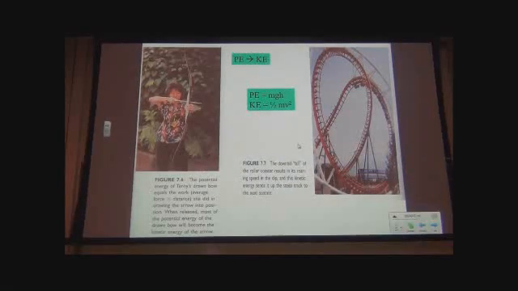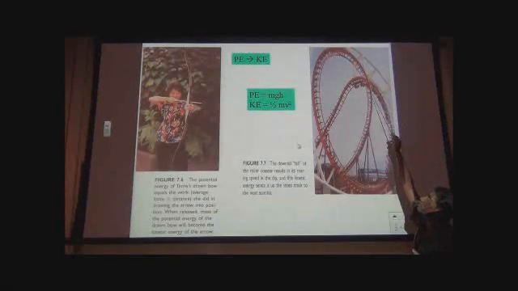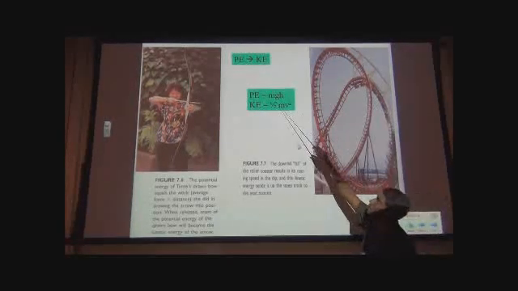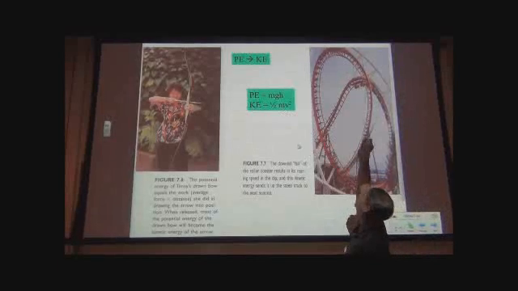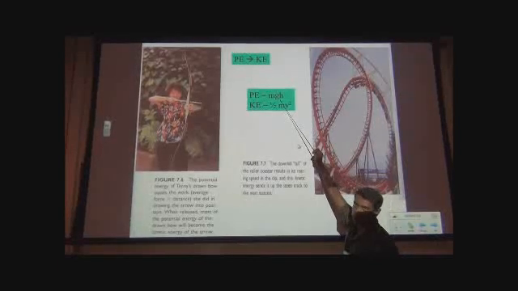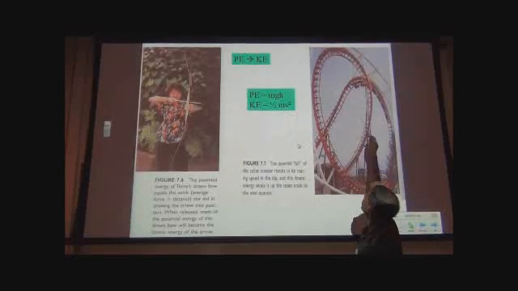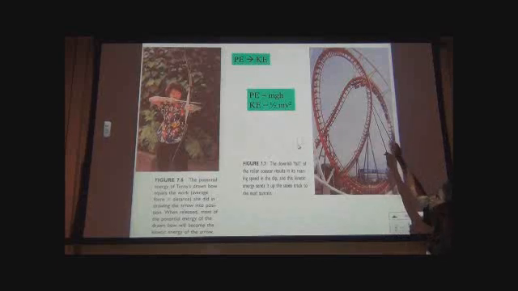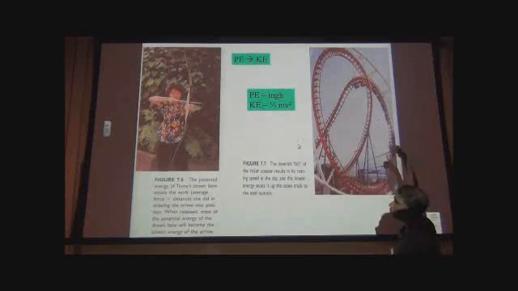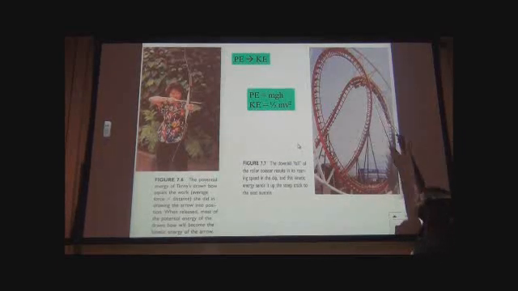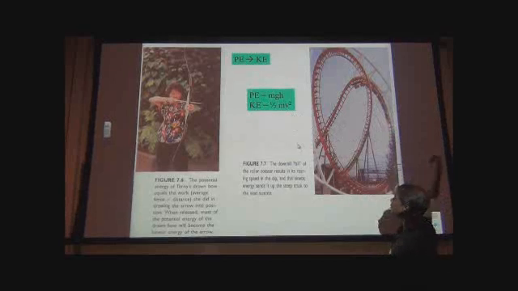Roller coaster. So if you look at the cars up here, from down at the bottom of the coaster, they travel to the very top. What happens is at the very top, they have a potential energy, mass multiplied by gravity. Mass of the cars multiplied by gravity, which is 10 meters per second squared, multiplied by the height from the ground. As these cars come down the roller coaster, all of that potential energy gets converted into velocity.